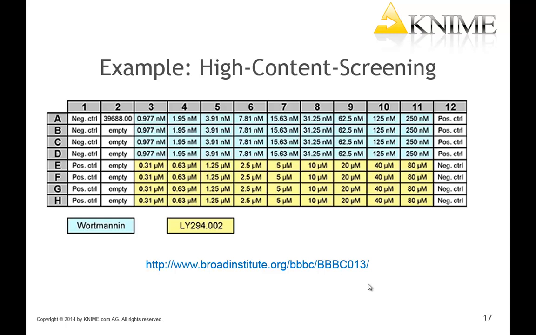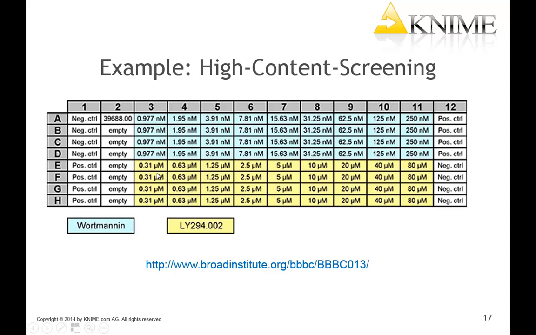The experimental setting is a 96 well plate where each single well is represented by an image, and for the columns here a different dose of a certain drug was added, resulting in a different amount of negative and positive cells.